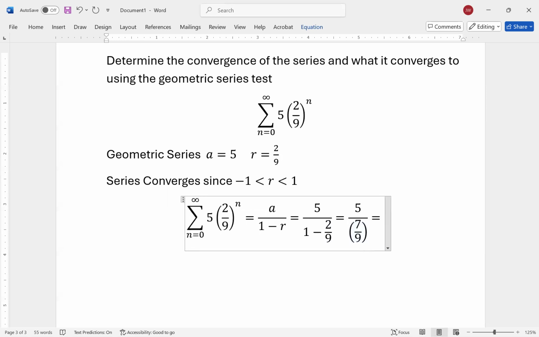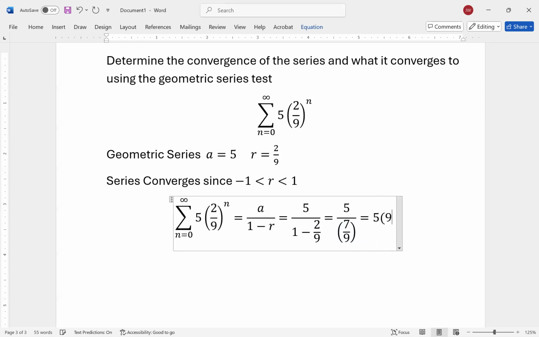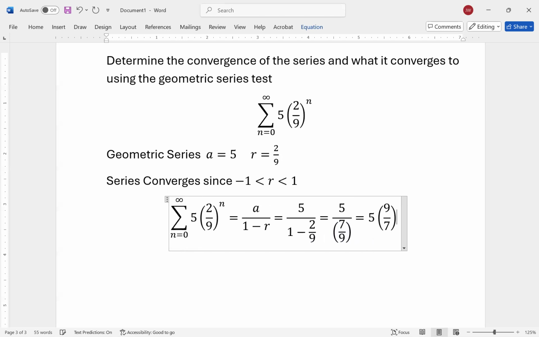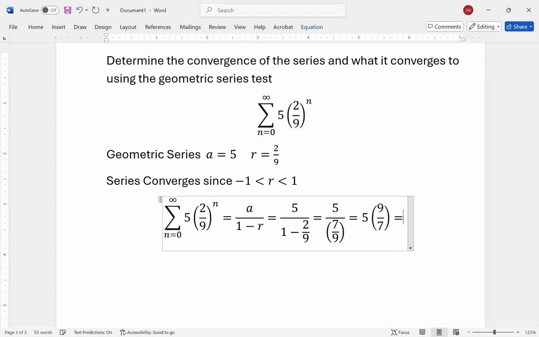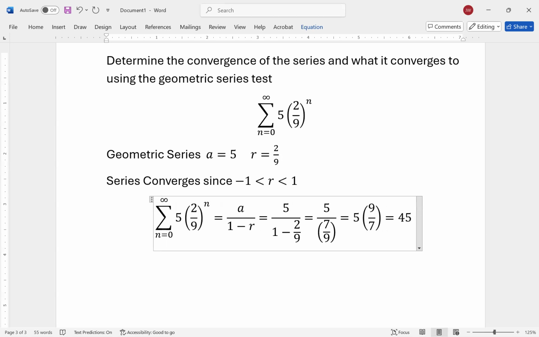And again, if we're doing 5 divided by 7/9, you could think of that as 5 times 9 over 7. That would be probably a hard decimal to recognize for most people. But in any case, 45 over 7 is our final answer.